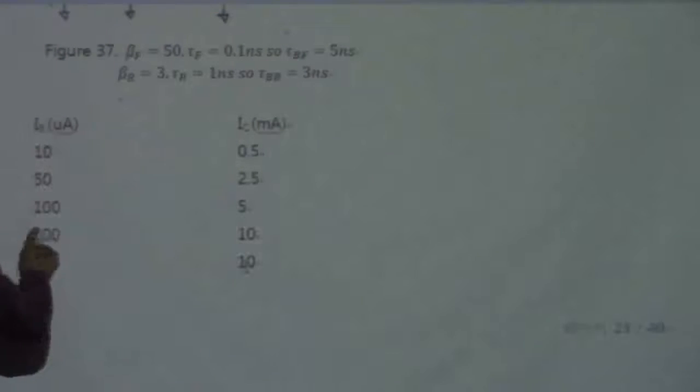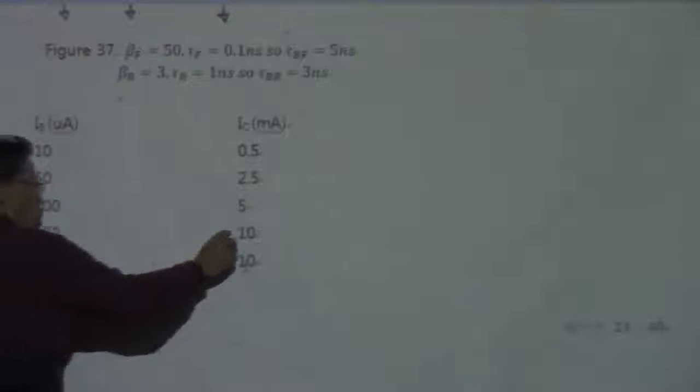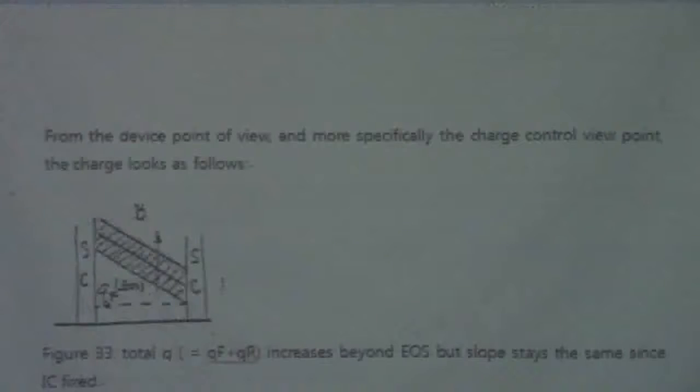That is going to be called the saturation. And this base current, we call the edge of saturation. You can say this is a threshold, or whatever, the start of the saturation.